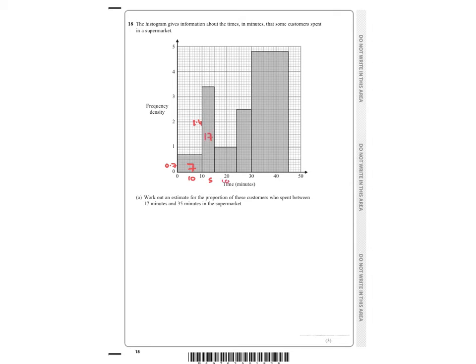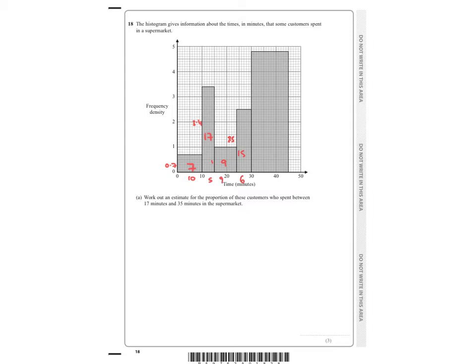From here to here, we have 10 and 1, so that's 10 people. No, we don't. That's 9 and 1. Please make sure that you are careful. So this is 9 and 1, so that's 9 people. Here we have 6 and 2.5, so we have 15 people.